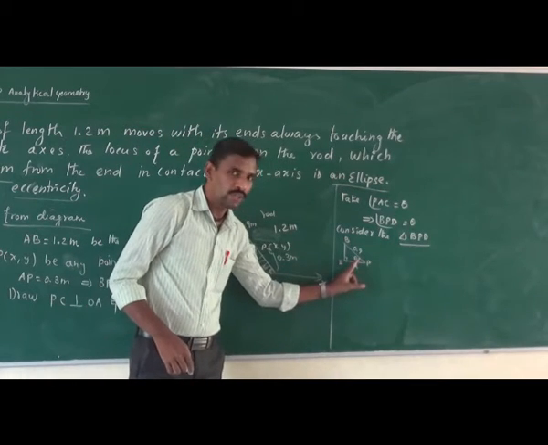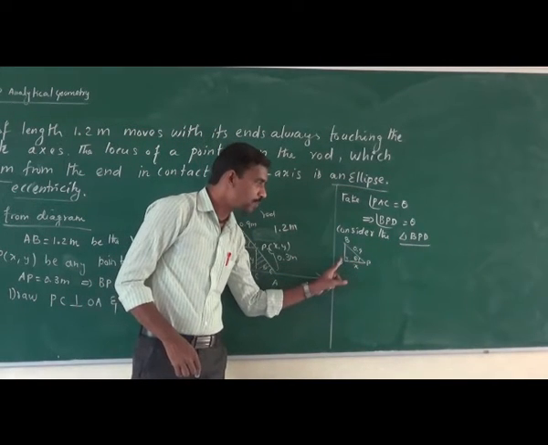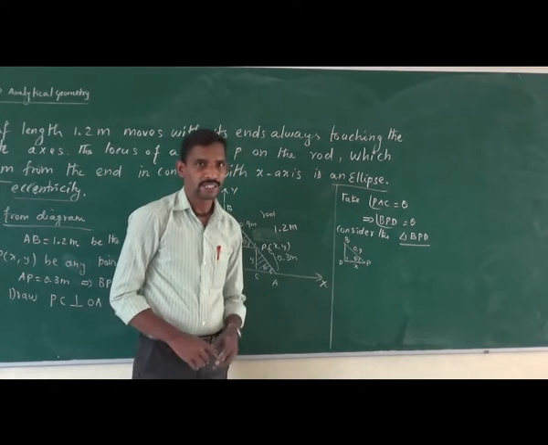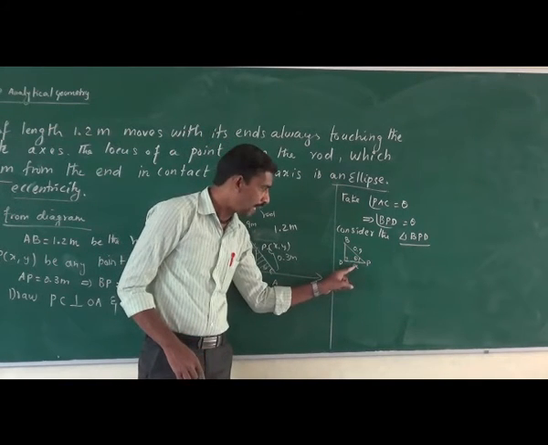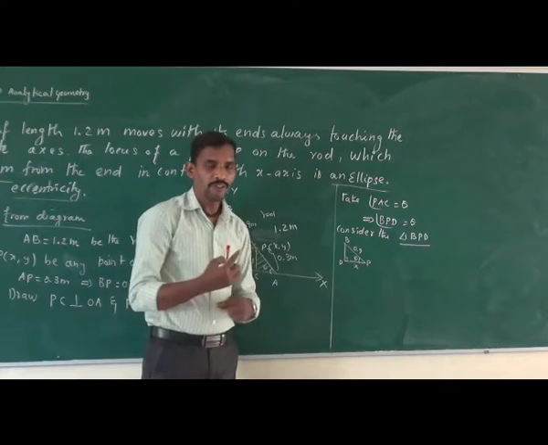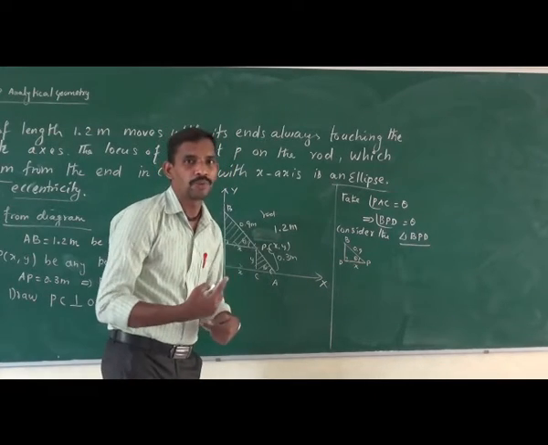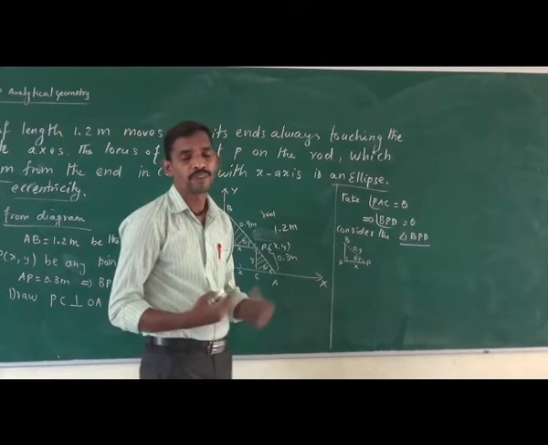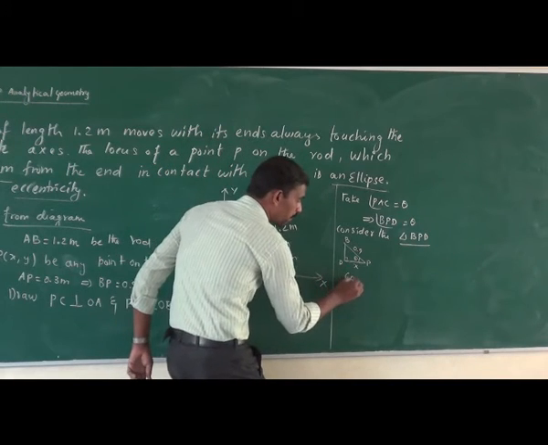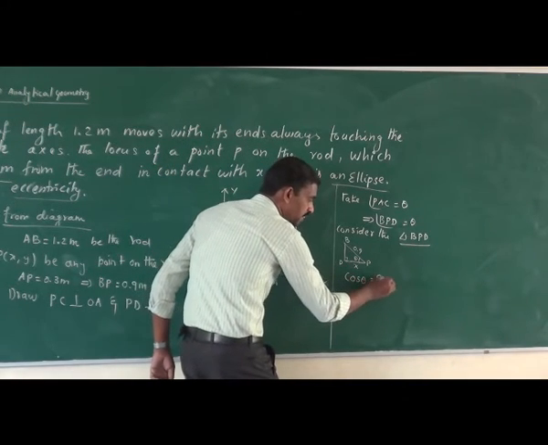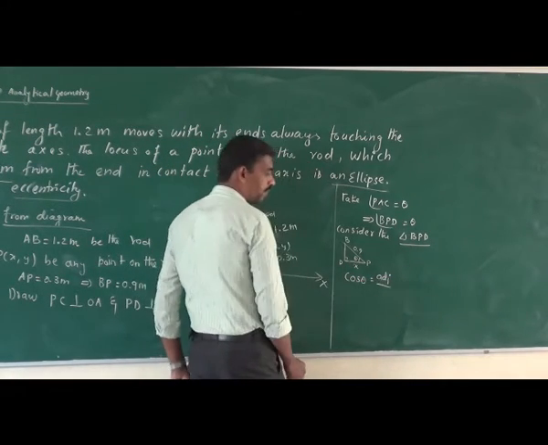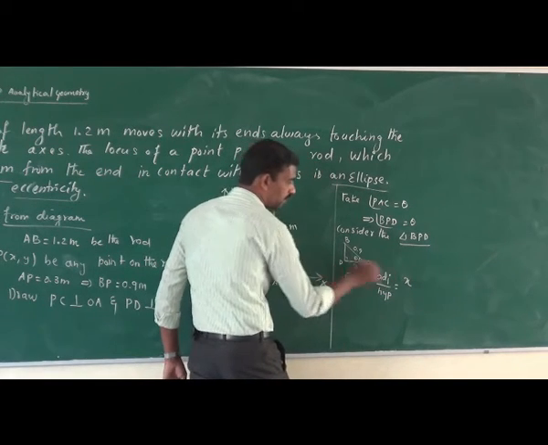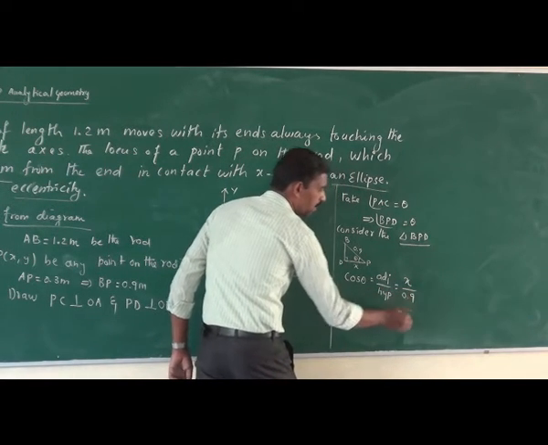With respect to theta, BD is the opposite side, DP is the adjacent side, and BP is the hypotenuse. Now I know the adjacent and hypotenuse. The relation between adjacent and hypotenuse is nothing but cos theta. Cos theta is equal to adjacent divided by hypotenuse. What is the adjacent here? x. What is the hypotenuse here? 0.9.